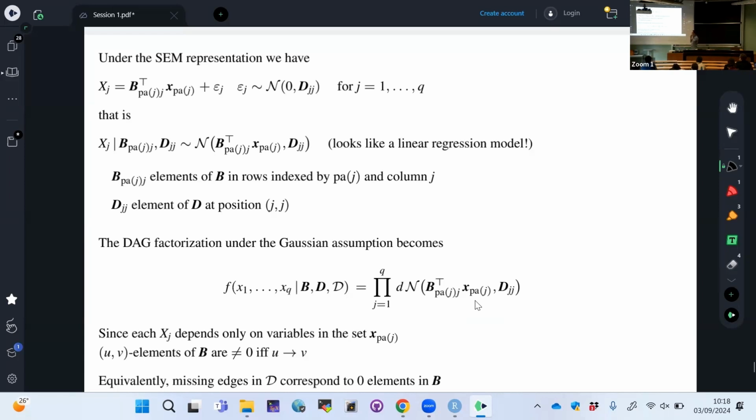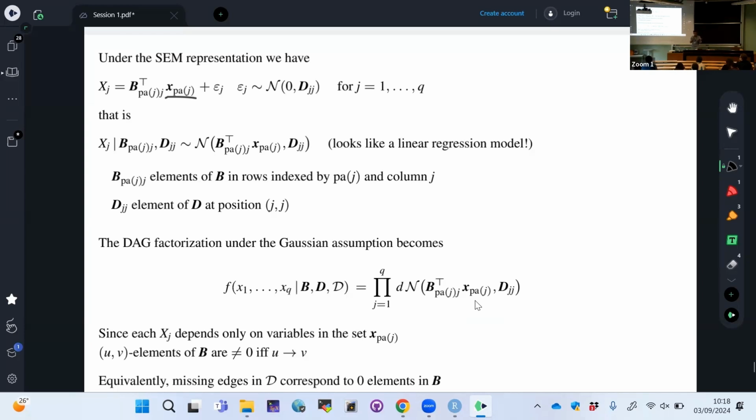What are the elements playing the role of the covariates for xj? They are its parents, so variables in the set x_PAj, plus an error term, which is epsilon j, the jth component of our epsilon vector, which has a marginal normal distribution 0, djj.